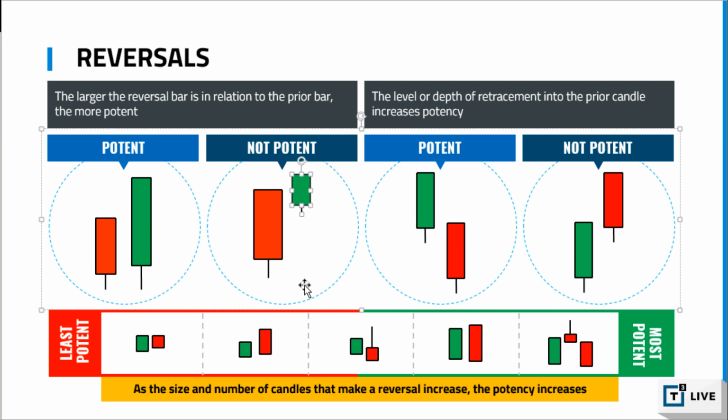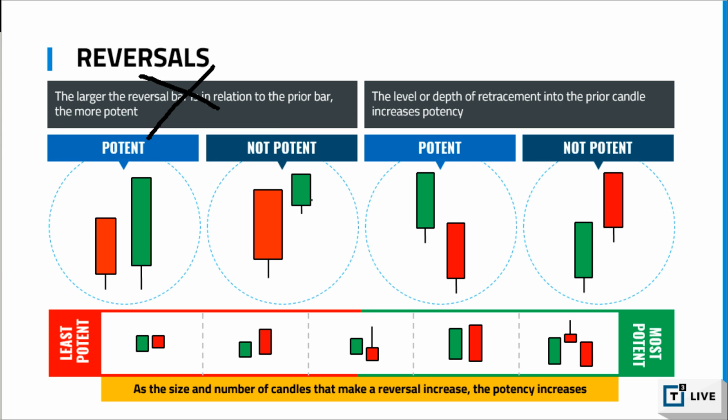Would it be considered a potent reversal? And the answer is, well, there's two things. One, the size of the bar isn't very big, so it does not qualify for the first condition. The larger the reversal bar in relationship to the prior bar, the more potent.